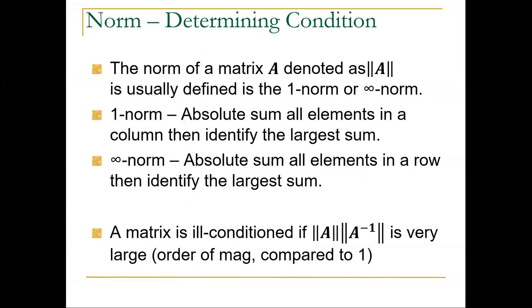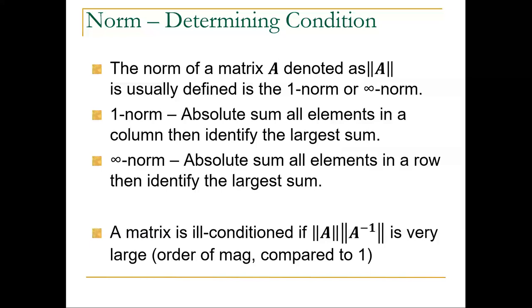Norm means size. It is like the magnitude of a vector: something squared plus something squared plus something squared. We call that the magnitude. It's like the norm. Let me explain how we get the norm.